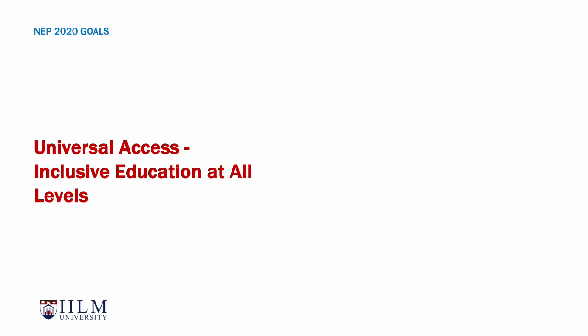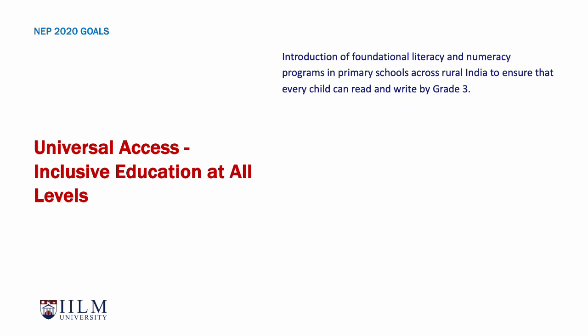How do we provide universal access and make it inclusive for all levels? The introduction of the foundation literacy and numeracy programs in primary schools across rural India was done to ensure that every child can read and write by grade 3.